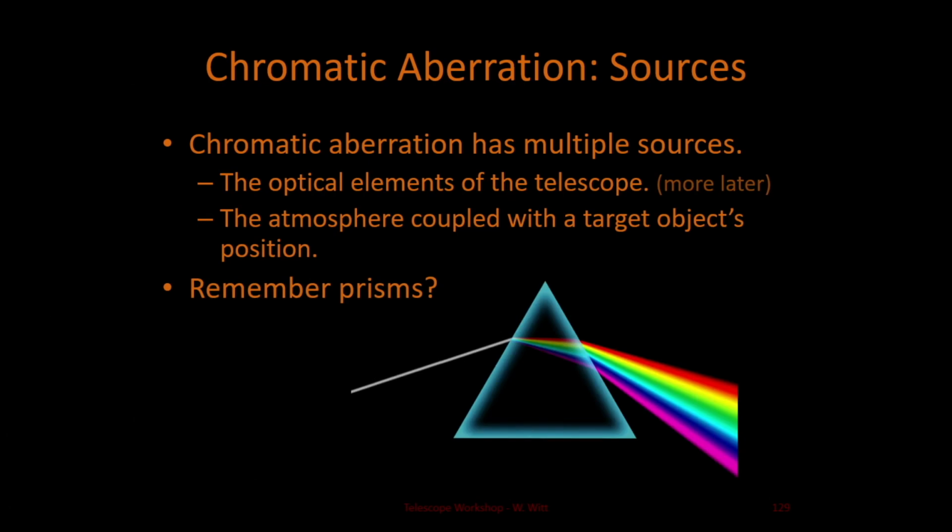Maybe you remember prisms, and how if light passes through a prism, which is, say, glass or acrylic in modern days, light goes from the air to the glass medium, and then from the glass back to the air. As that happens, the different wavelengths of light, the different colors that are actually hidden in that white light, split out a little bit, and split out a little bit more in this example. So what looked like white light coming in actually looks like a rainbow coming out.